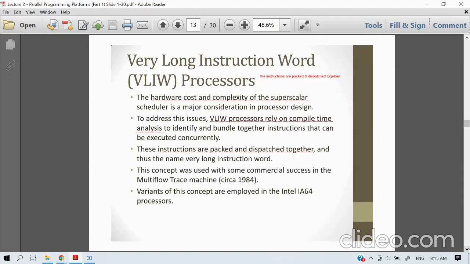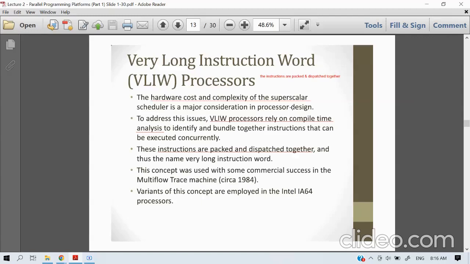Let's look at the next one, which is called the very long instruction word processor. This processor is actually one type of superscalar processor. The hardware cost and complexity of the superscalar scheduler is a major consideration in processor design.